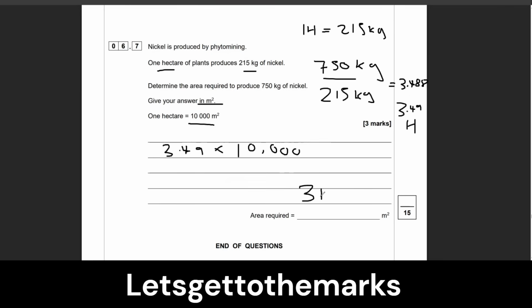So if you didn't round it up, you get 34,883 meters squared, or you could just round it up. Hopefully they take a rounded number. So 1 mark for dividing 750 by 215, 1 mark for timesing that by 10,000, and 1 mark for your answer. That's the end.